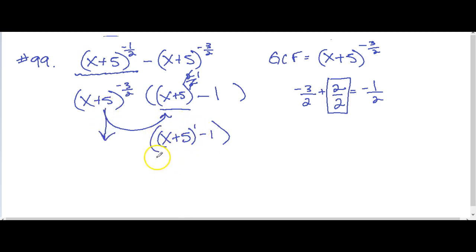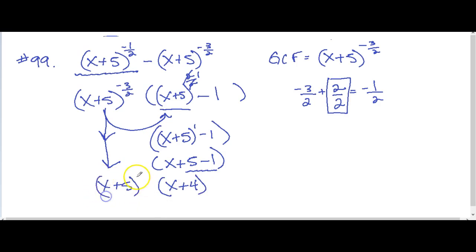And then I can just take out the parentheses because x plus 5 to the power of 1 is the same as x plus 5 minus 1. Keep bringing this down. X plus 5 minus 1, I can put those together and I will get x plus 4. And then now I'll bring that other expression down.